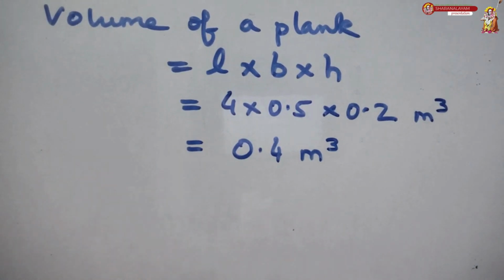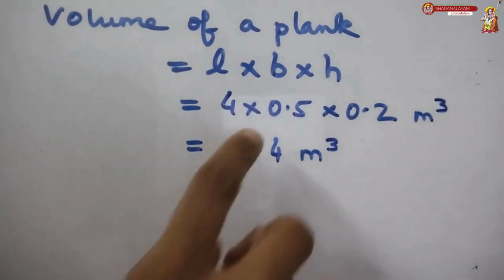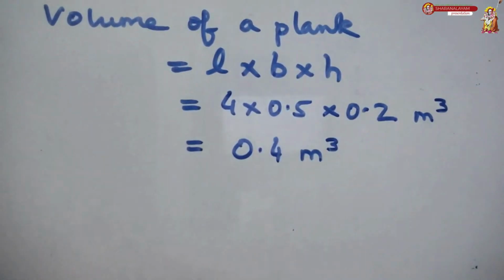Volume of a plank is equal to length into breadth into height, right? So according to the given dimensions, now we have converted centimeters to meters, so we get 4 into 0.5 into 0.2 meter cube, that is equal to 0.4 meter cube. This is the volume of a plank. Now let's find the volume of the pit.